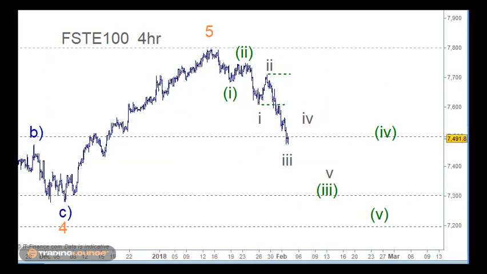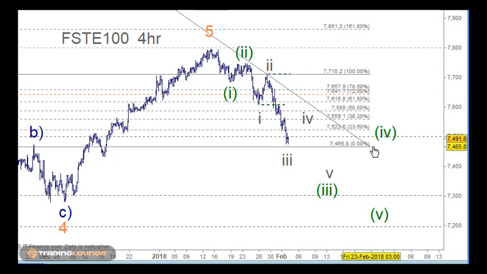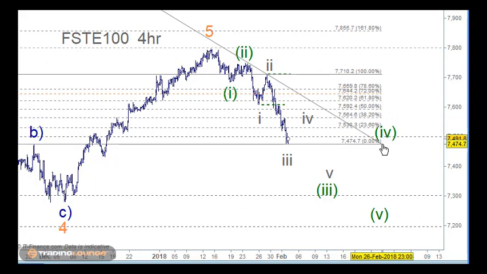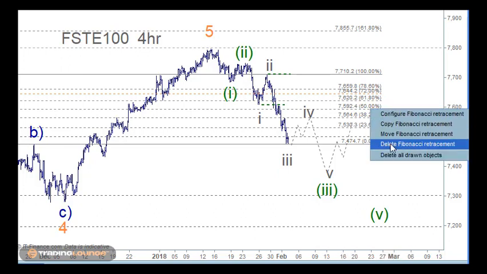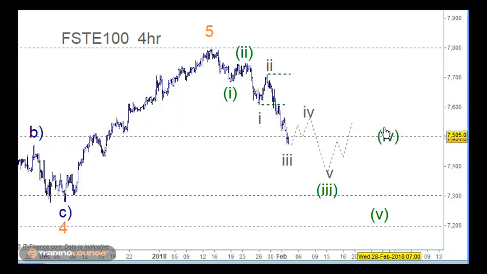If there was going to be a rally, we can look at the wave 4 of 1 lesser degree and also the 38.2% retracement level. So we can put that on there. It's possible for this to wiggle around here for a while and move back into this space before moving down here. And also once we get this 5th wave in, we'll also be looking at another 4th wave in here with this guy.